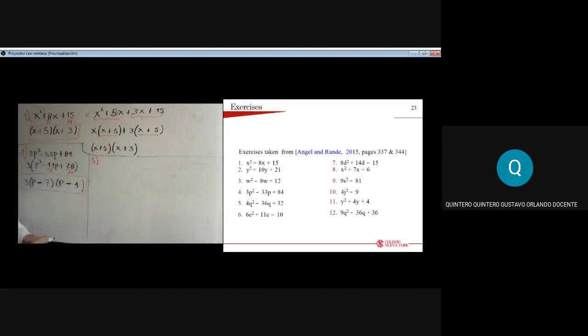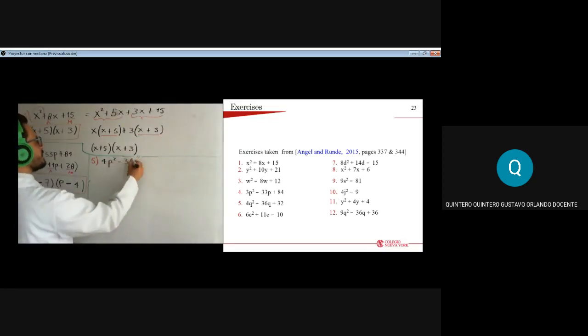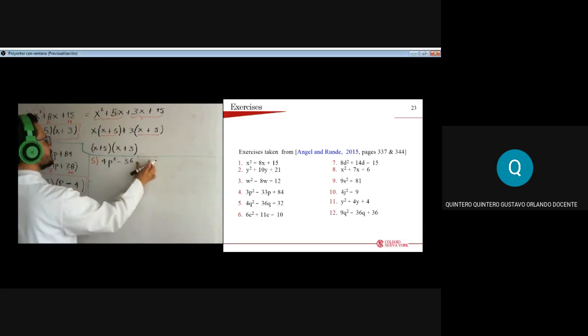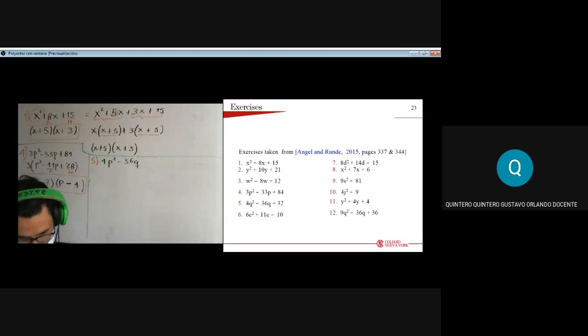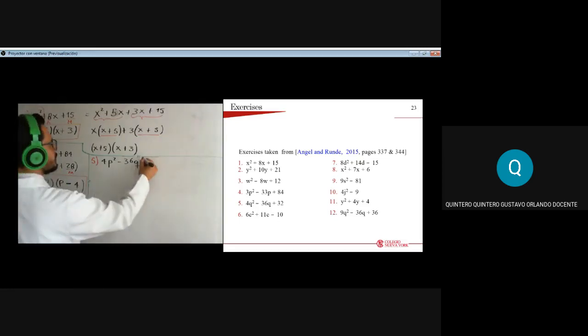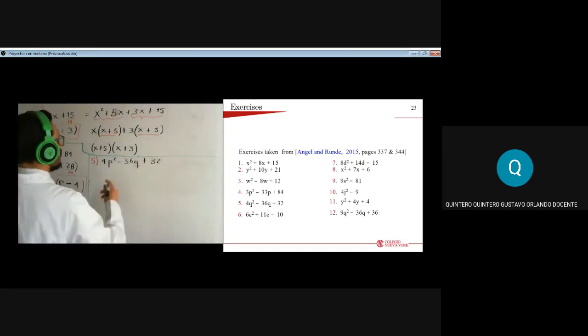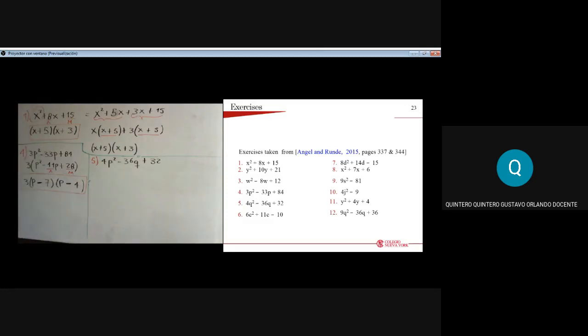Number 5. Okay, the question in number 5 says 4p squared minus 36q plus 32. All right, so let's solve that exercise.